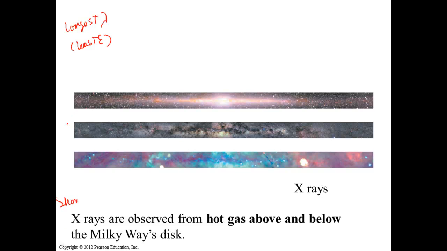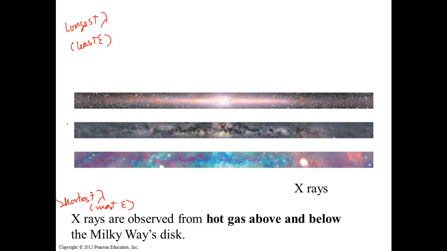And this is the most energy. Each wavelength tells you something different. The infrared told us thermal energy. X-rays focus on hot gas in the halo region, above and below the disk.